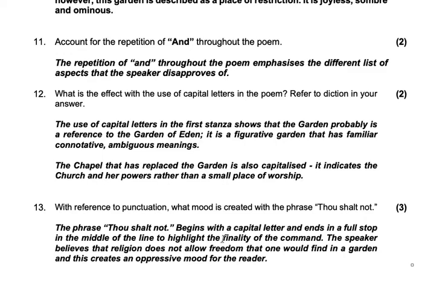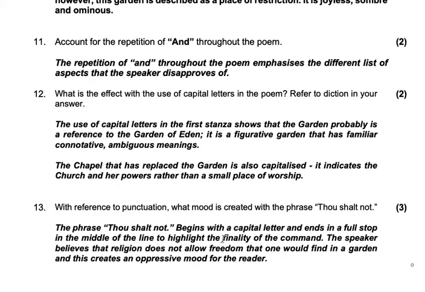Number 12. What is the effect of the use of capital letters in the poem? Refer to diction in your answer. The use of capital letters in the first stanza shows that the garden probably is a reference to the Garden of Eden, which is a figurative garden that has familiar connotations, an ambiguous meaning.